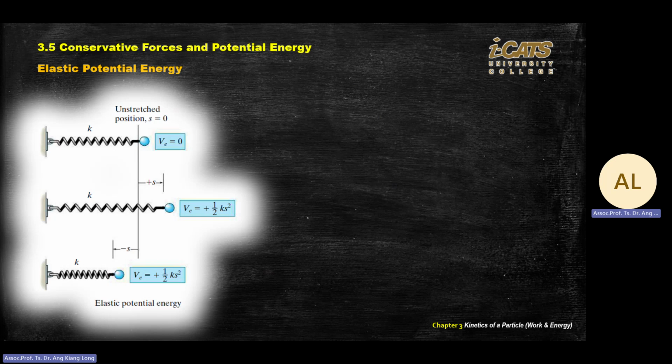For the potential energy of the spring, if you pull towards the right, you calculate the force of the spring. How do you calculate the force of the spring? F equals the coefficient of the spring k multiplied by the distance. And then you do work.